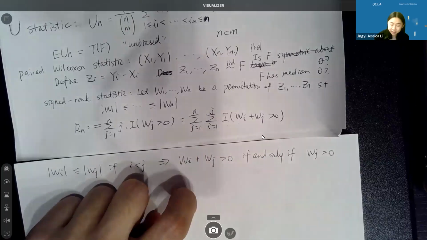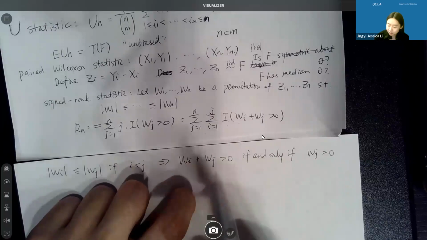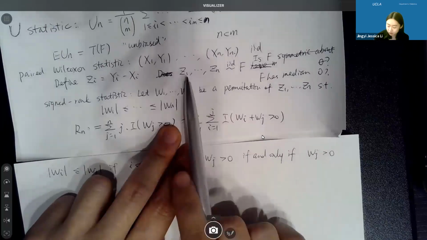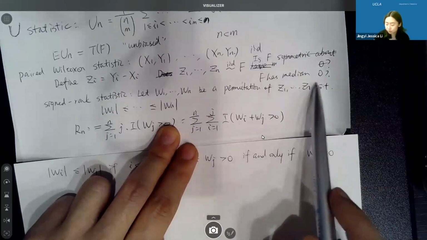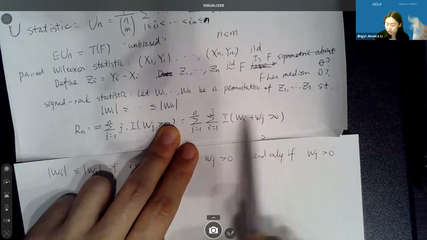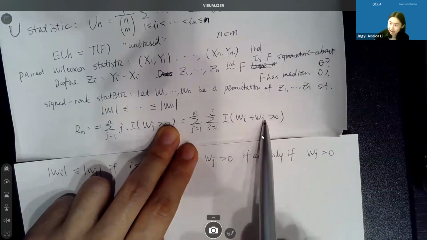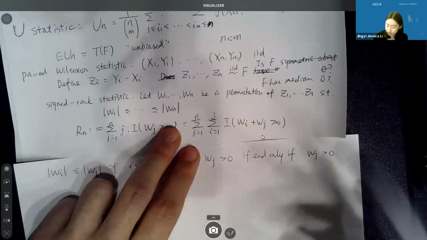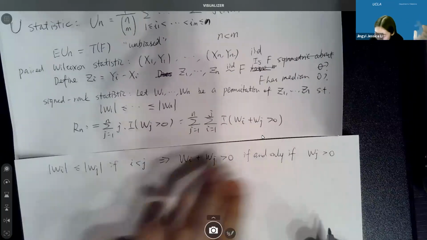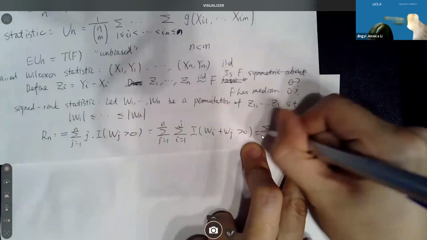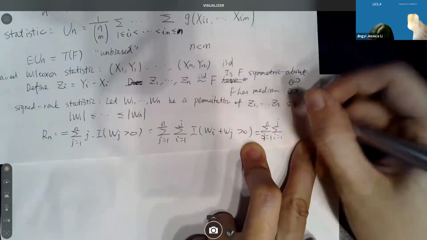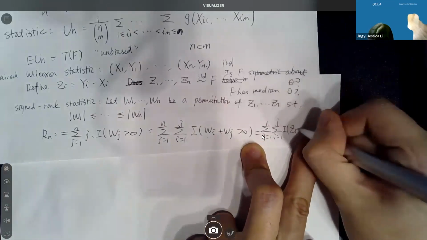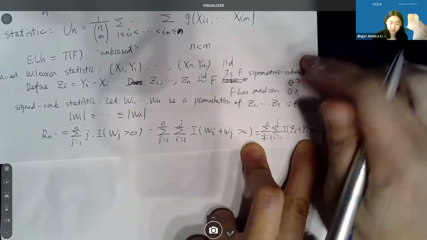Therefore, it's actually equal to the unpermuted version of W1 to Wn, that's Z1 to Zn. So since I'm going through everything, I can replace Wi, Wj by Zi, Zj without changing anything. That's the key. So I can write this as the sum over j from 1 to n, i from 1 to j, of the indicator Zi plus Zj greater than 0.